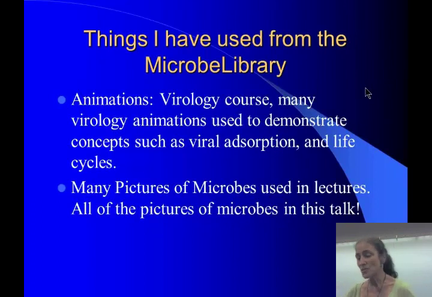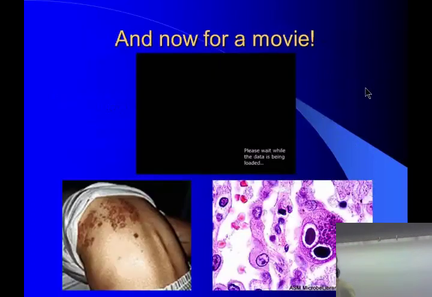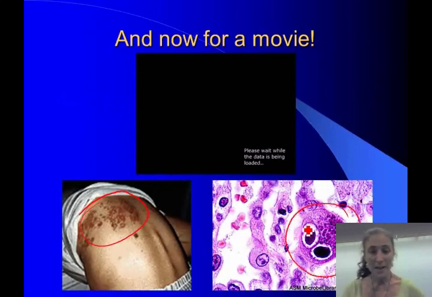So let me give you a demonstration of how I might use these in my course. These are images from the MicrobeLibrary. This is shingles, which is caused by a herpes virus. This is chickenpox. So this is a cell infected with chickenpox, showing a very common type of CPE that you see in chickenpox infection.